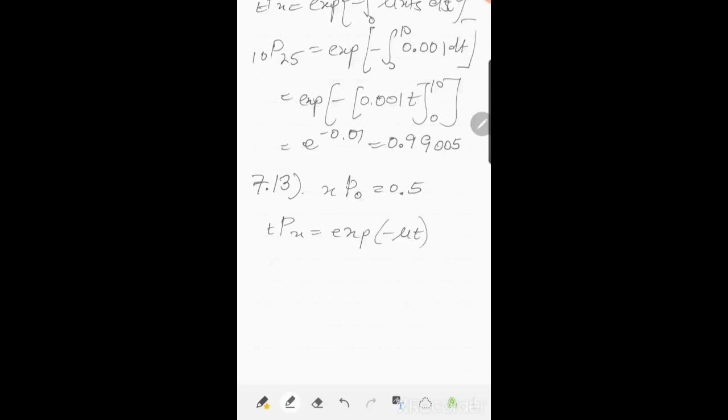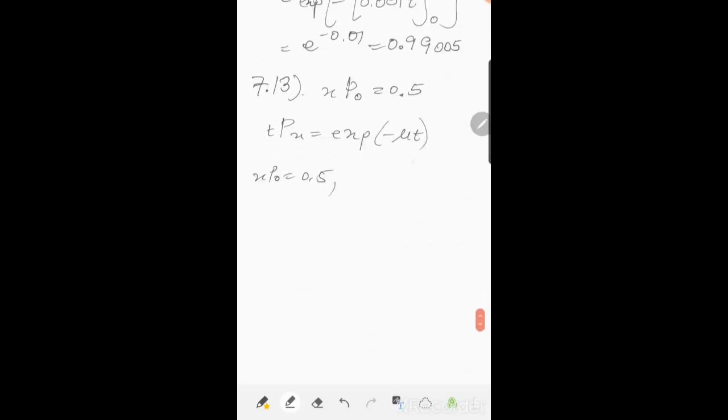From the question, xp0 is equal to 0.5. So if we put that in the formula, we have 0.5 is equal to the expectation of e to the negative 0.025 times t, and t in this case is x. So you put x here, and you need to solve for x now.